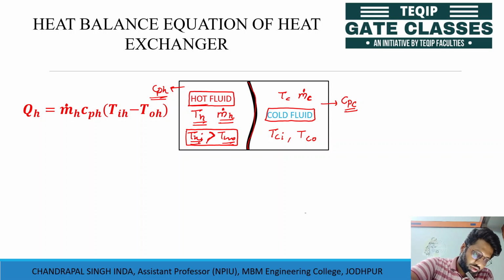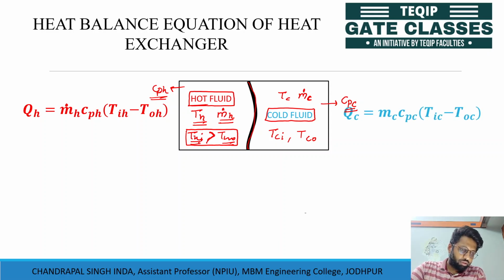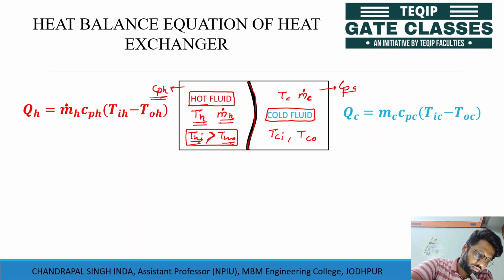And the heat transfer for the cold fluid, QC, will be the mass flow rate of the cold fluid multiplied by the specific heat of the cold fluid into the temperature difference. So here we are saying that the hot fluid is going to give its heat to the cold fluid.